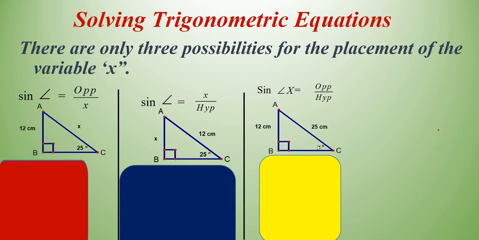In this example, I want to solve for the measure of angle x. Sine x equals opposite 12 over hypotenuse 25.